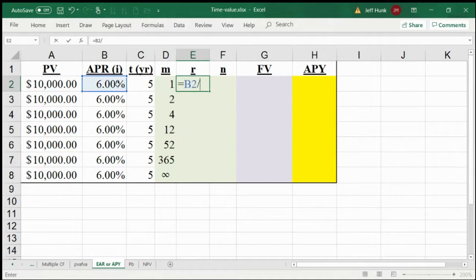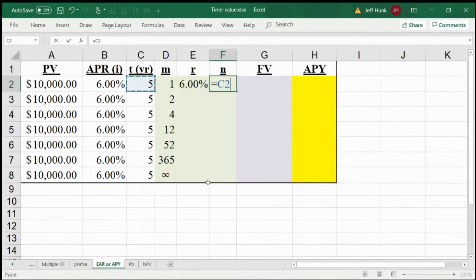So the usual thing, the periodic rate, APR divided by M. And since in this case, in annual compounding, the M is 1, it's not going to make any difference. It's still going to be 6%, right?